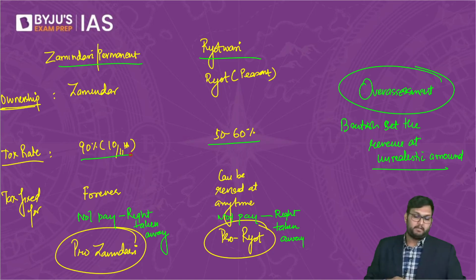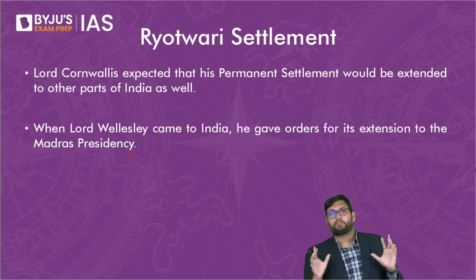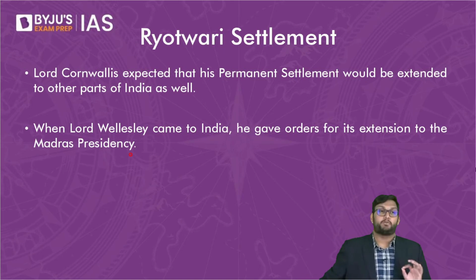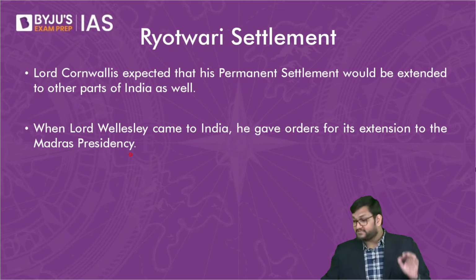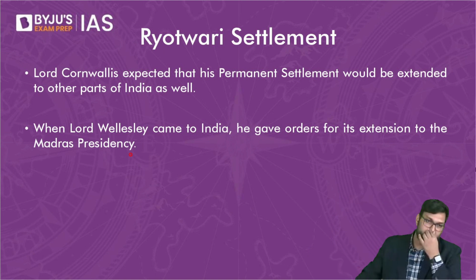Okay. So let's study Ryotwari. That is the unfortunate truth in this story. And you understand one thing: it will take us 100 years to realize this fact, that our peasant was actually dying.